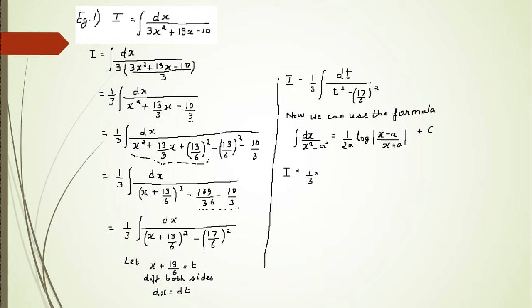Now 1 by 2a, so 1 by 2, and a is 17 by 6, so I'll get 17 by 6, and then log of t minus a, a is 17 by 6, by t plus a, plus c.